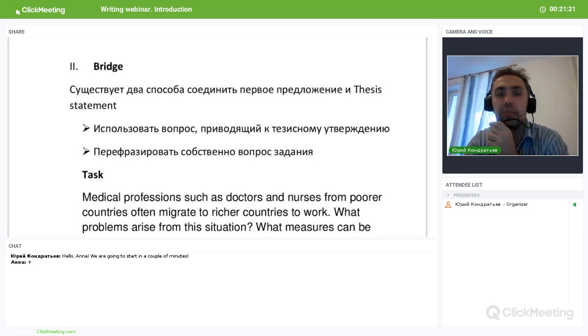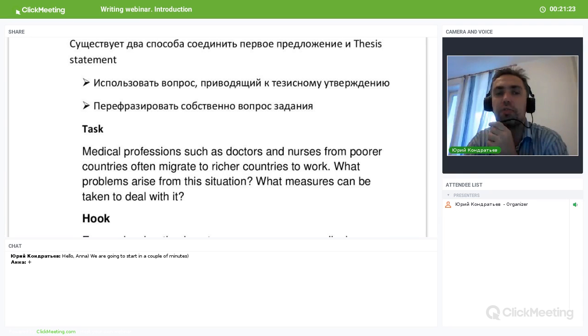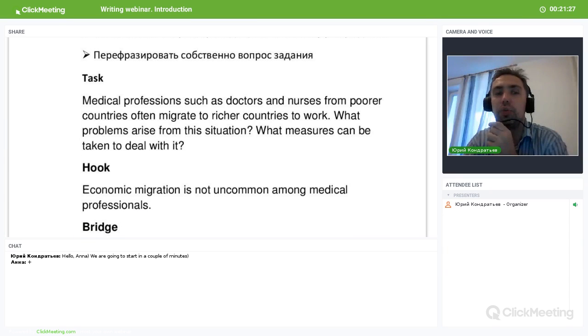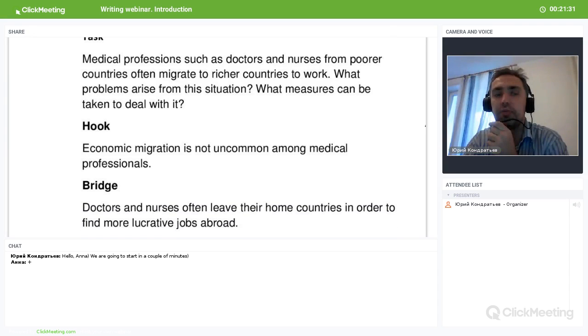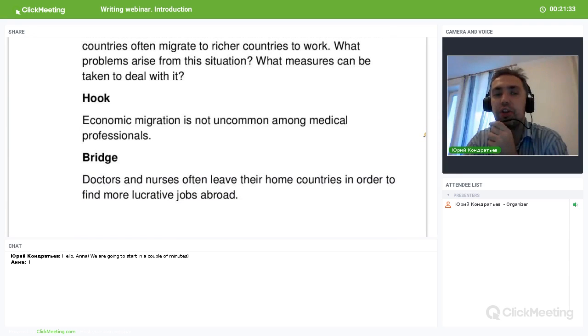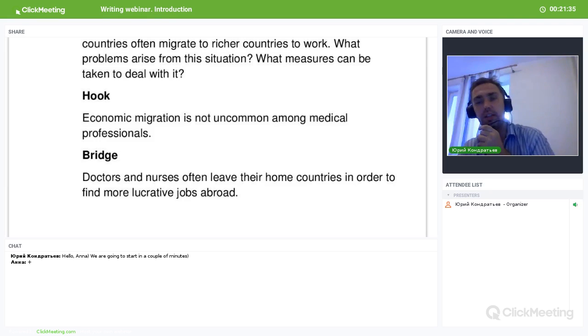So once again, here's the task. Medical professionals such as doctors and nurses from poorer countries often migrate to richer countries to work. So here is the hook. Economic migration is not uncommon among medical professionals. And here's the bridge. It paraphrases the task. Doctors and nurses often leave their home countries in order to find more lucrative jobs abroad.